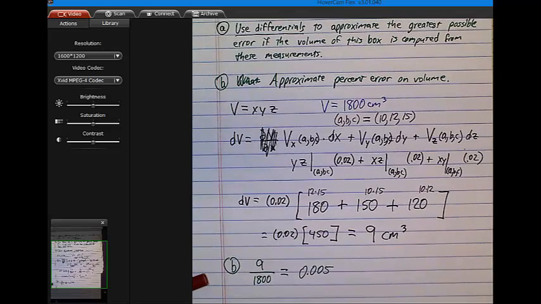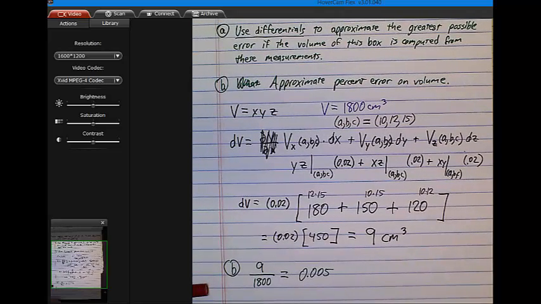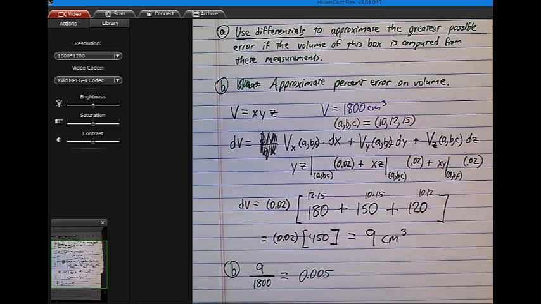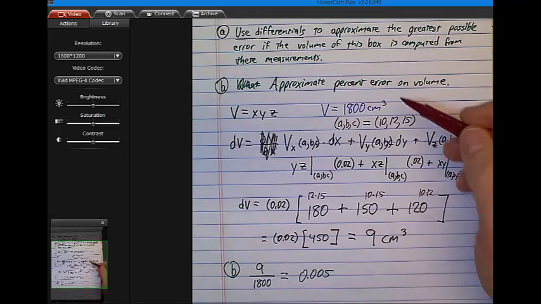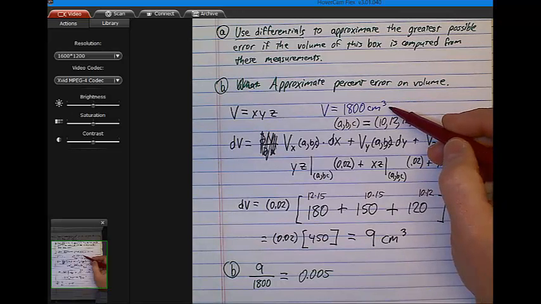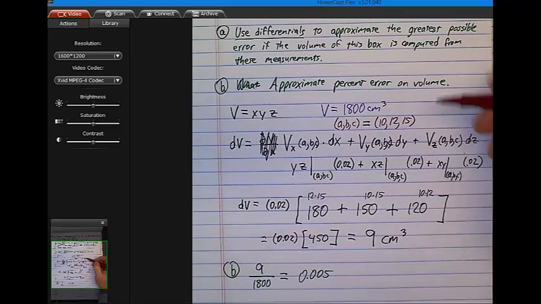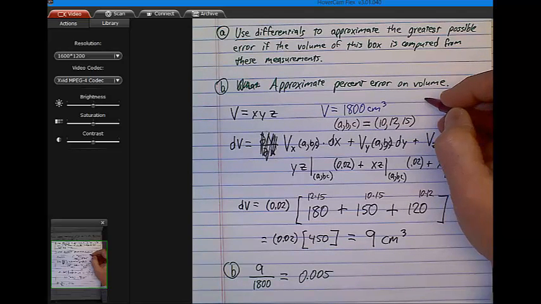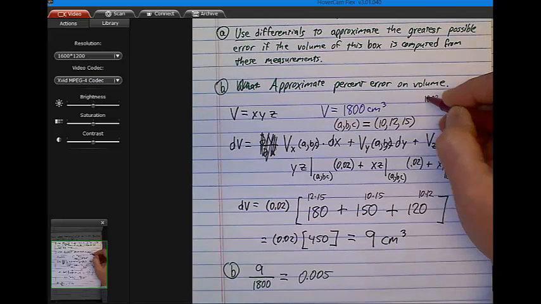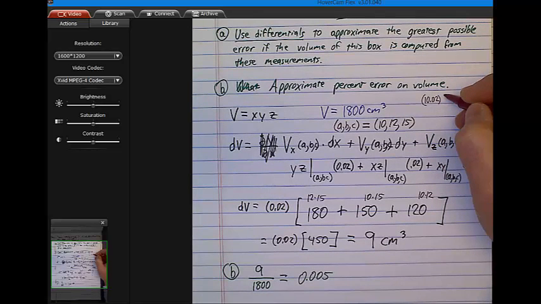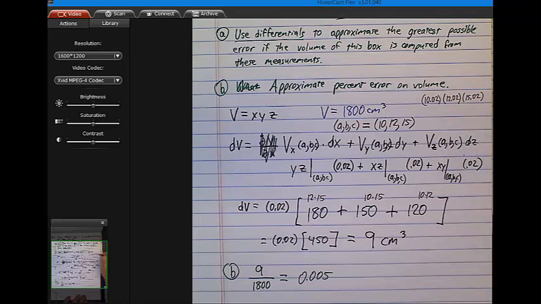So that's how you use differentials. What if you had not known about differentials? Could you have still done the problem? Say you're in chemistry? Yeah, probably. What would you do? You'd say, okay, I know that maybe instead of 10, 12, 15, maybe it's 10.02 times 12.02 times 15.02, and you multiply those out, right?